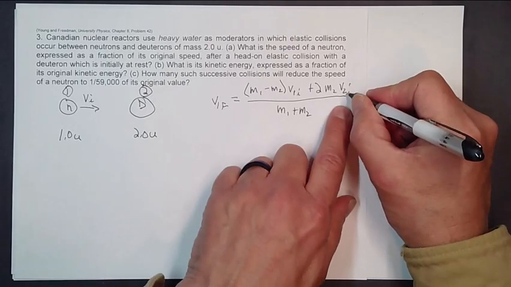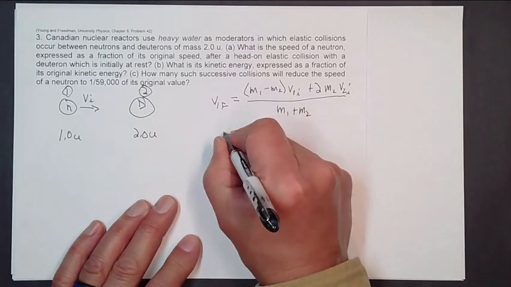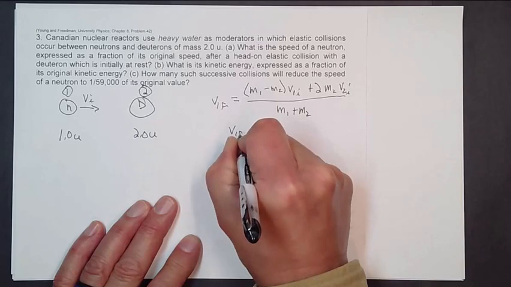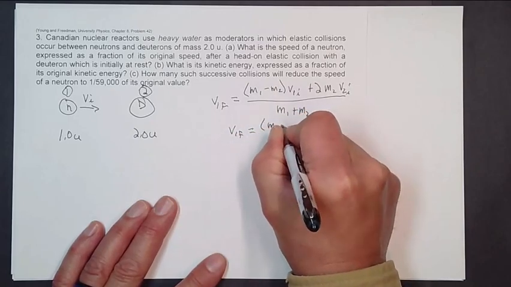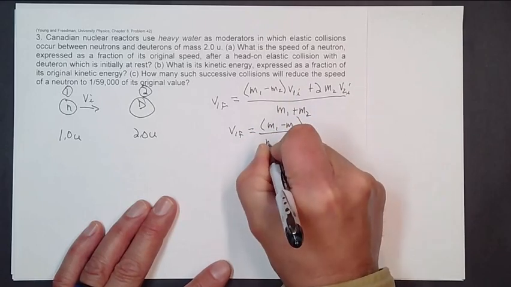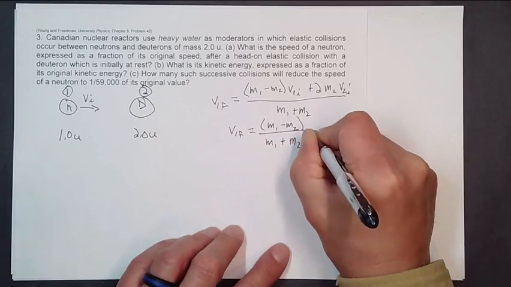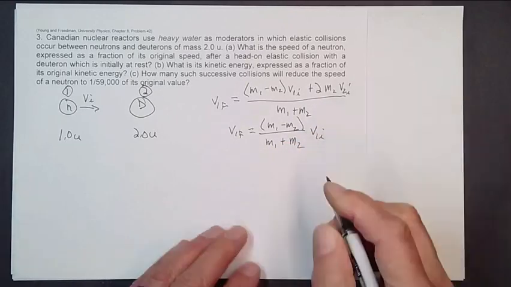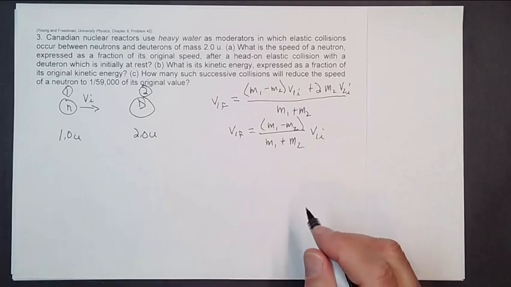Well, if V2 initial is 0, then this expression simplifies to V1 final equals (M1 minus M2) divided by (M1 plus M2) times V1 initial. And so it's just going to be a simple fraction of what the initial velocity was.